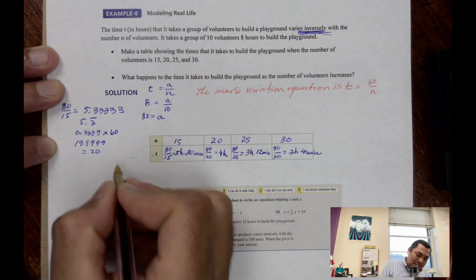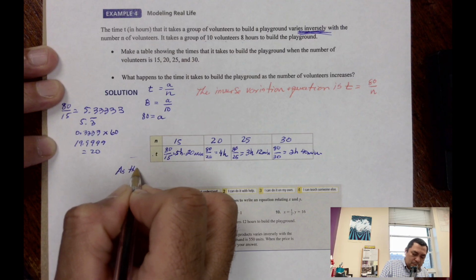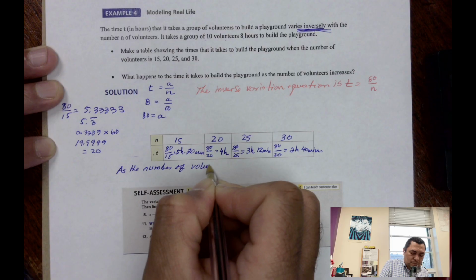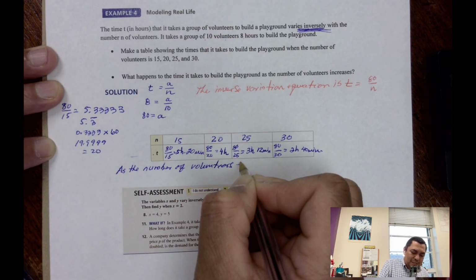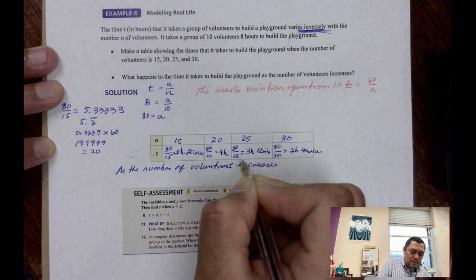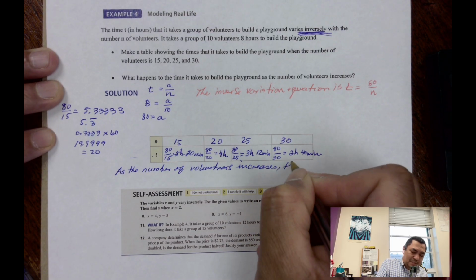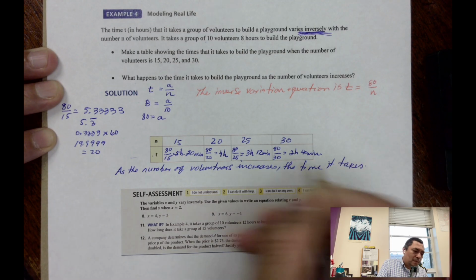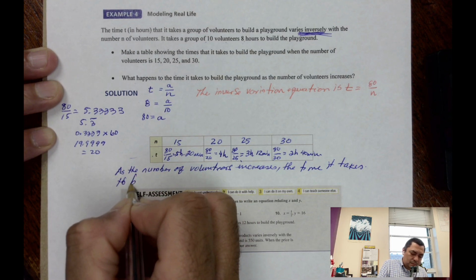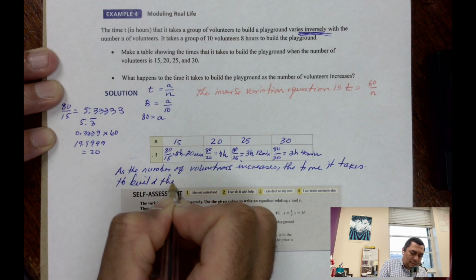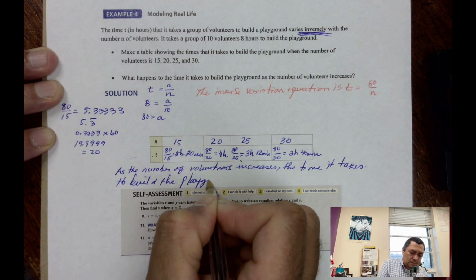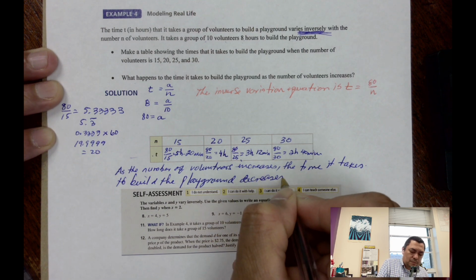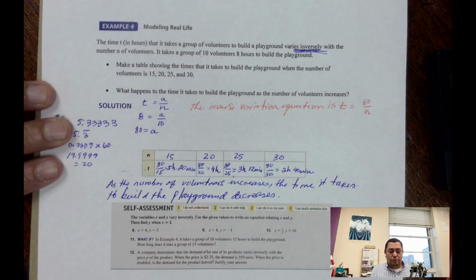So the solution: as the number of volunteers increases, the time it takes to build the playground decreases. Perfect. And that's the solution to the problem.